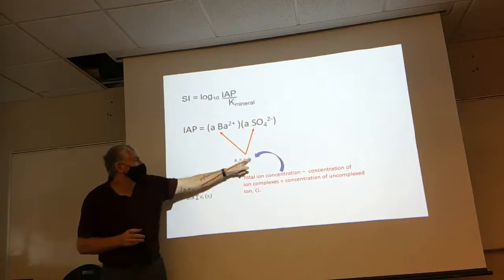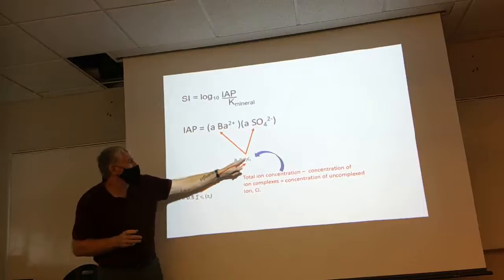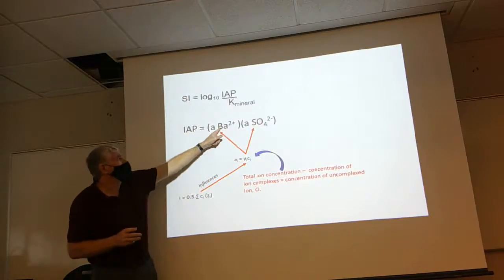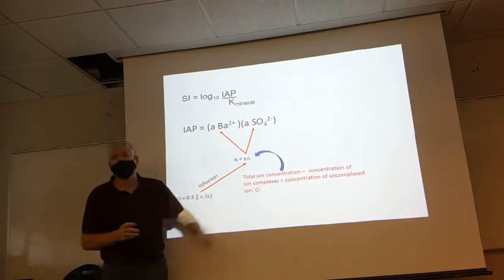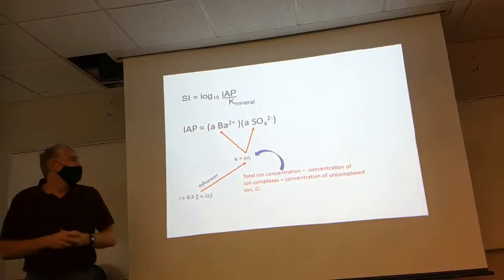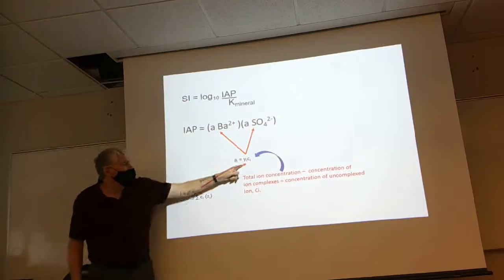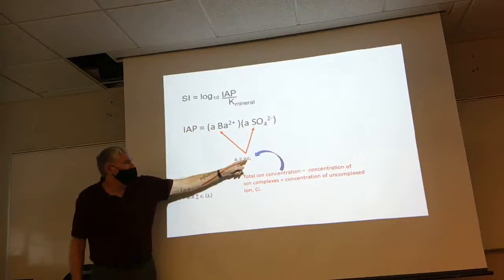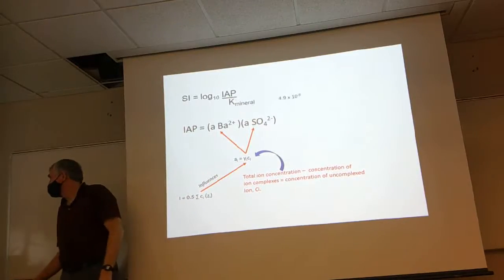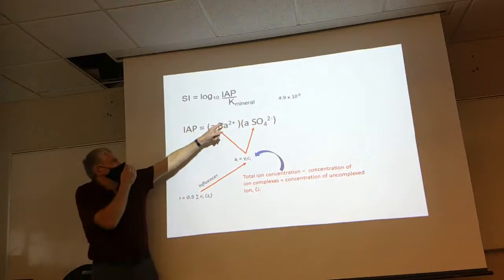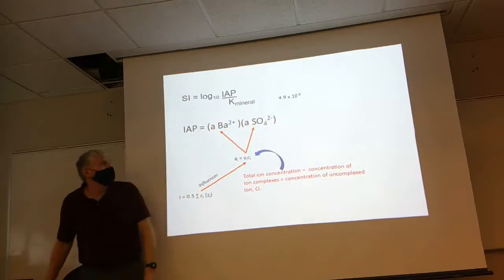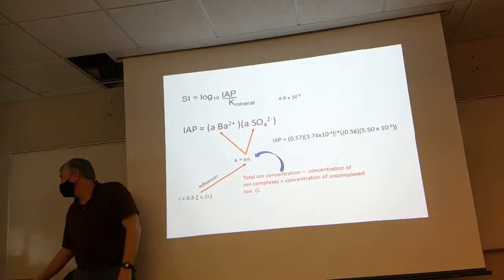Okay. So what we want to do is find this out. This has already been given to you, and that's already been given to you. You can just substitute them in for those two cases, in the case of calcium carbonate or barium sulfate. I've actually given you these two, and we'd have to multiply those out. So for this particular slide, 4.9 times 10 to the 9.